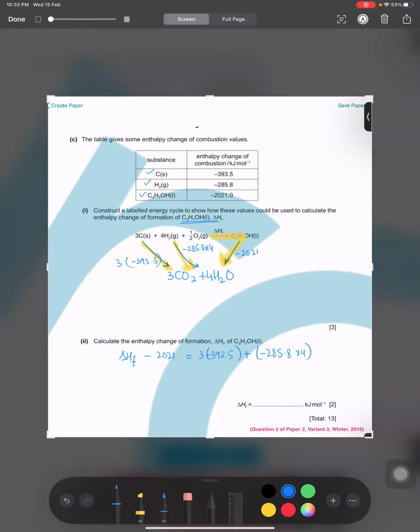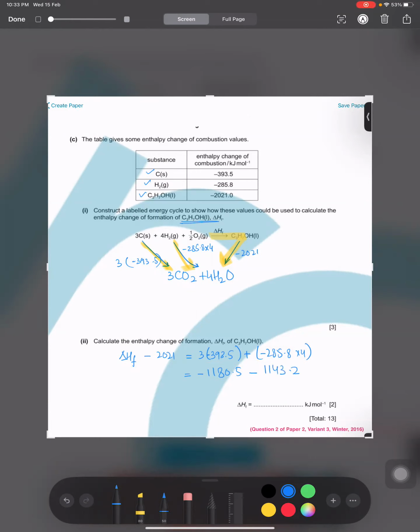393.5 into 3, it is negative 1180.5, and it is also negative, so it would be 285.8 into 4, it gives us 1143.2.